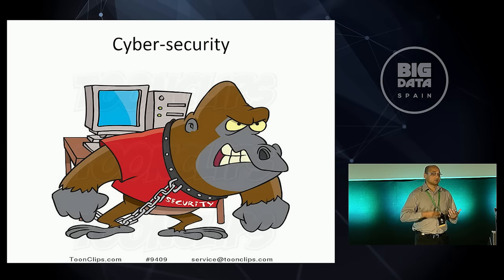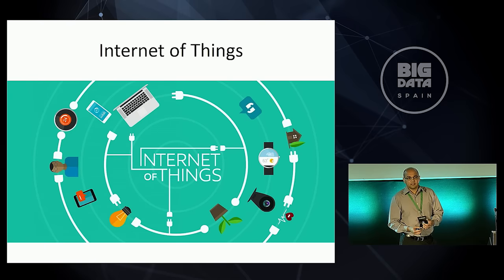Possibly alert on them, possibly take some corrective action to mitigate the issue. This is another key example of where stream processing is very prevalent. And this, everyone's heard about this now. The Internet of Things is the cool new hot thing out there.